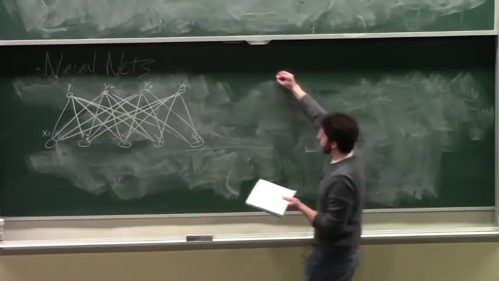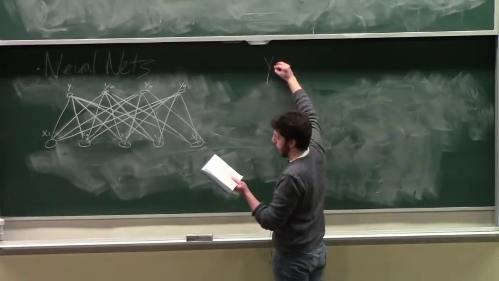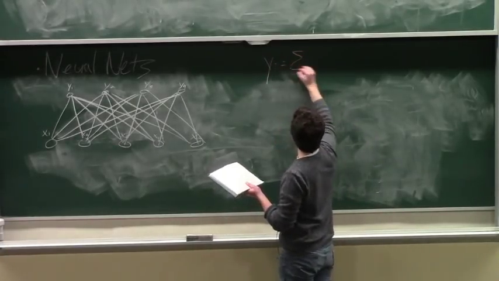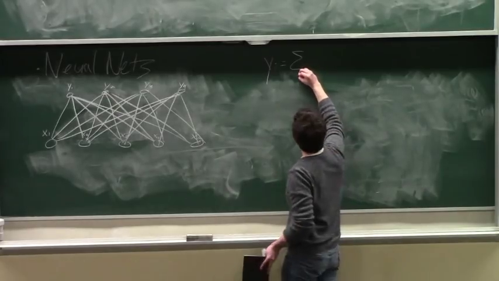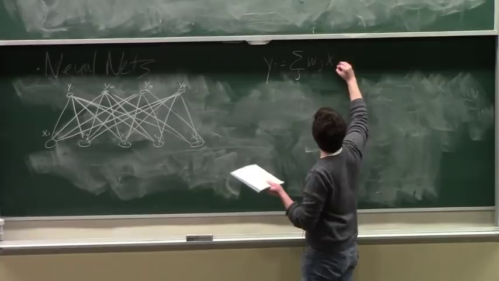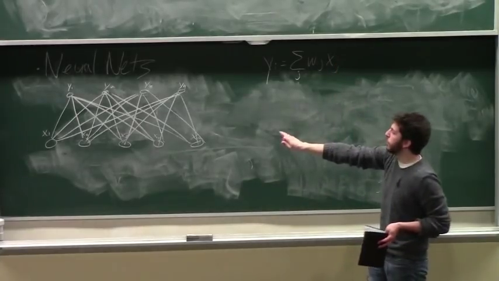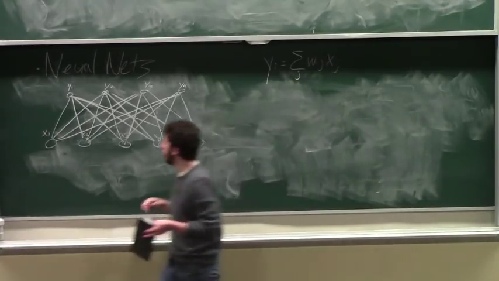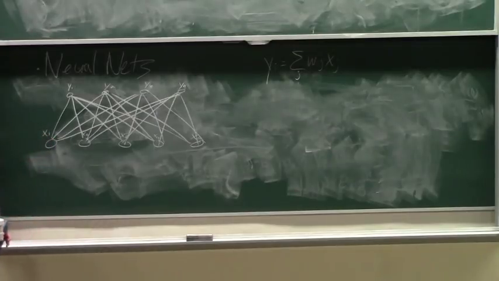So if we were to write this out, it would simply be yi equals the summation over j of wij xj. Notice in this very simple model of a neural net, we're not doing that nonlinearity, and we're not really doing a bias here. We're simply weighting the inputs and summing those to the output. Yeah? Each of the lines from x1, for example, are they the same, or are they each weighted separately?